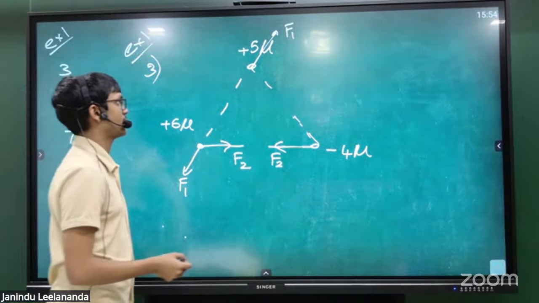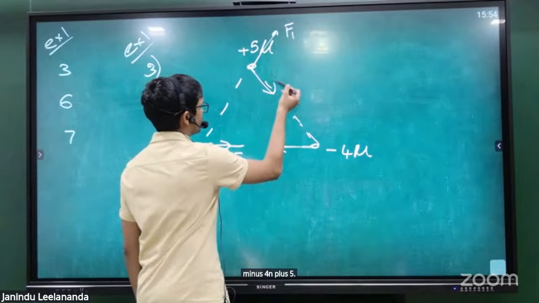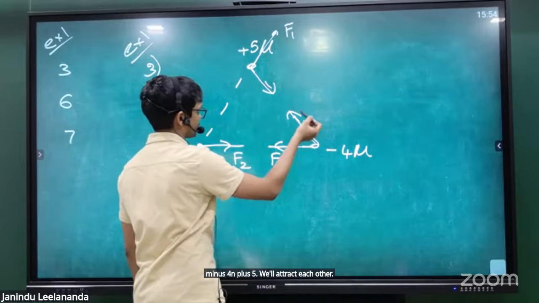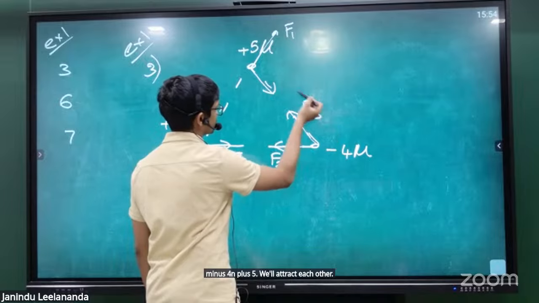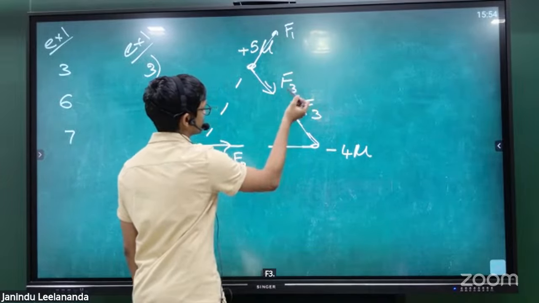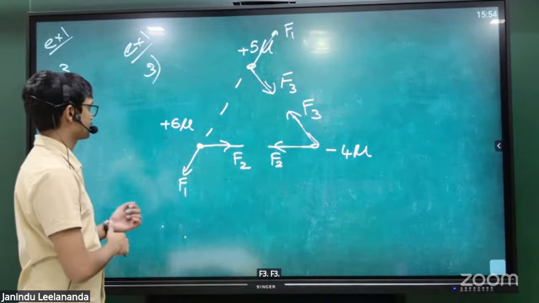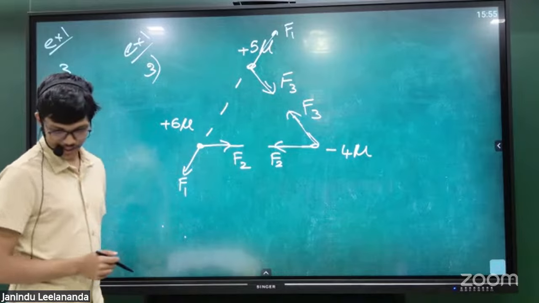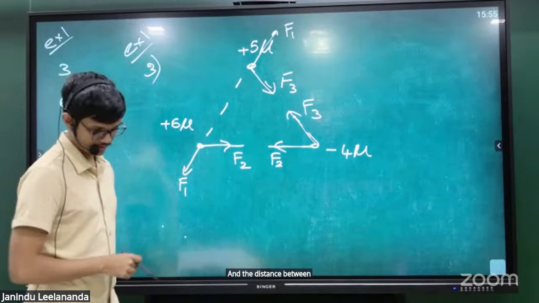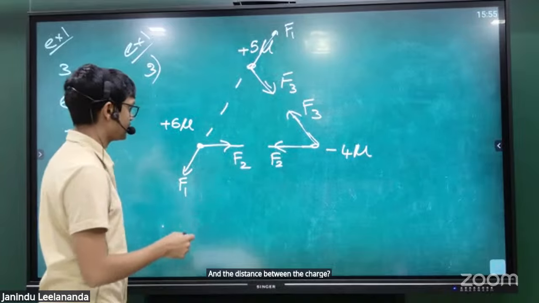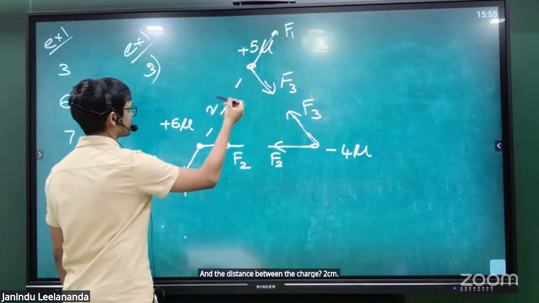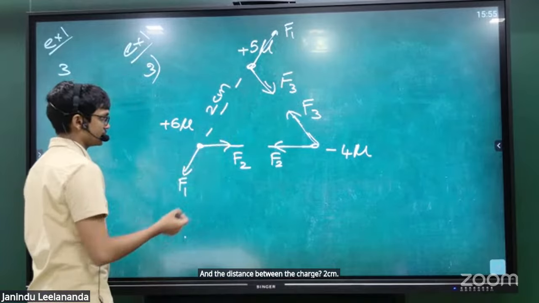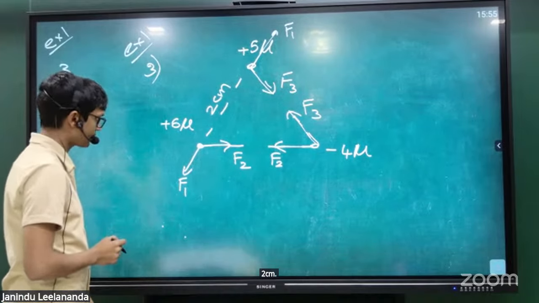Minus 4 and plus 5 will attract each other, F3. And the distance between the charges? 2 centimeters.